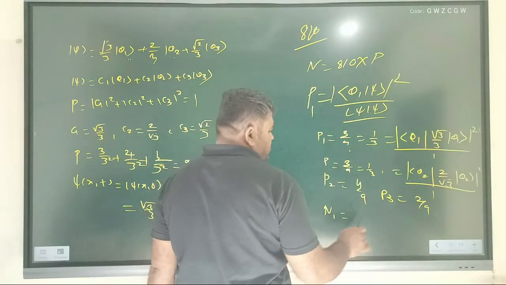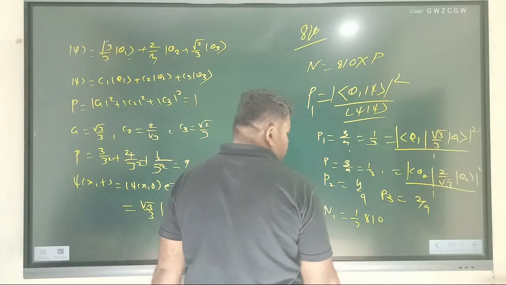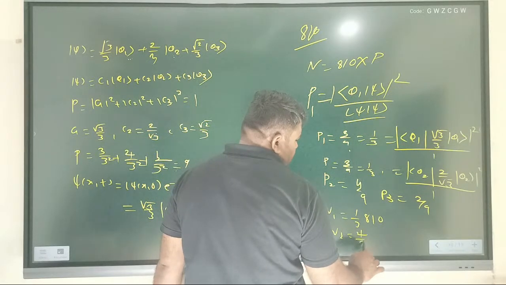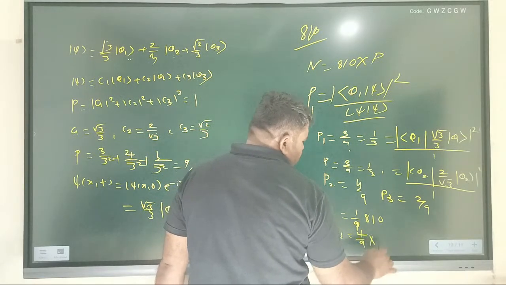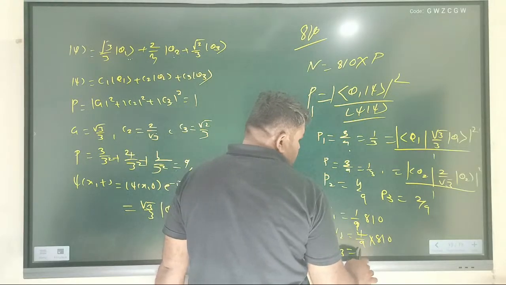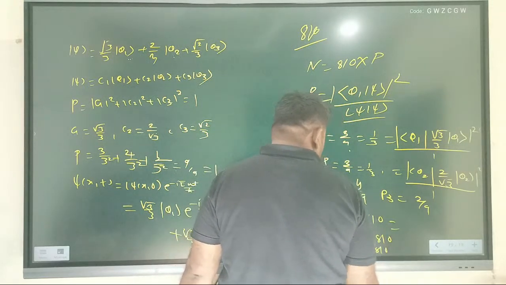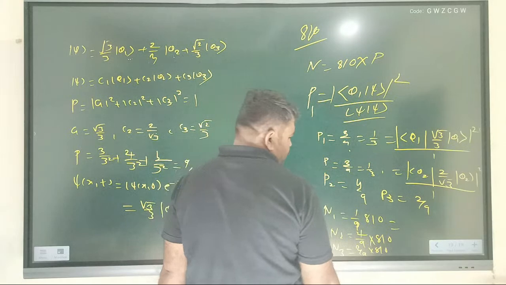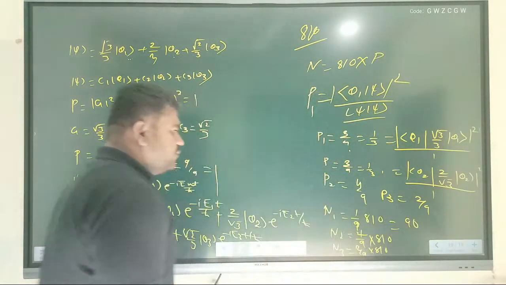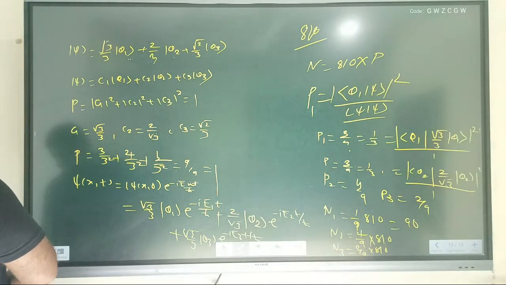Then n1, the number of particles present in state 1, is 1 by 3 into 810. n2 is 4 by 9 into 810, and n3 is 2 by 9 into 810. Dividing by 9 gives 90 particles.